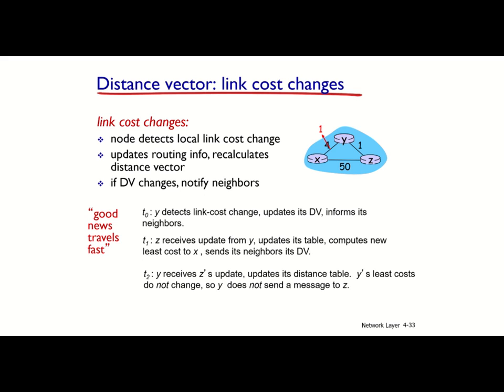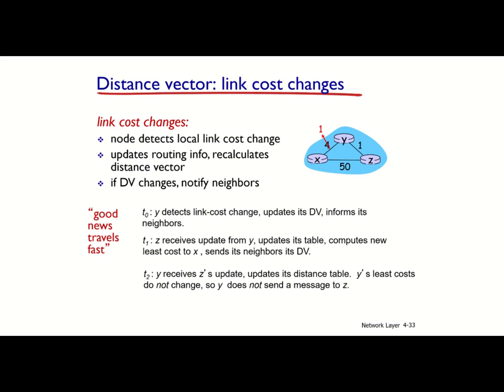Why? Because if node y detects such a link cost change, it updates its own distance vector and informs the neighbors, and at some point z receives the update from y and updates its own table, computes the new least cost to x, and sends its own updated distance vector to the neighbors.